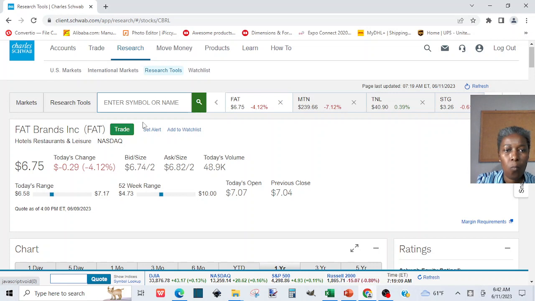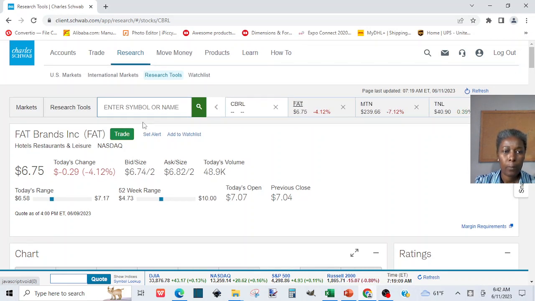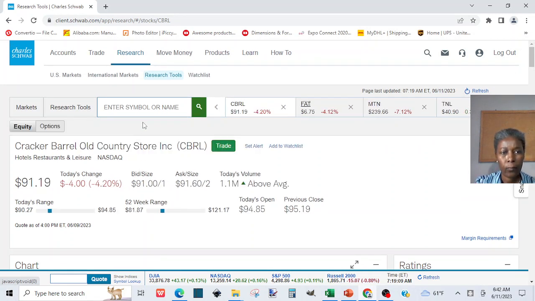Cracker Barrel Old Country Store Inc. It's selling for $91.19 and it's selling on NASDAQ. So it passed the market filter, and you record the 52 weeks low and high, from 81 to 121.